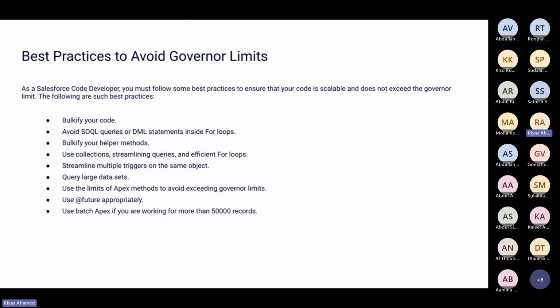If inside the for loop you are querying, it will throw a Salesforce governor limit error. See, avoid SOQL queries or DML inside a for loop. So we need to avoid these kinds of SOQL queries inside the for loop.